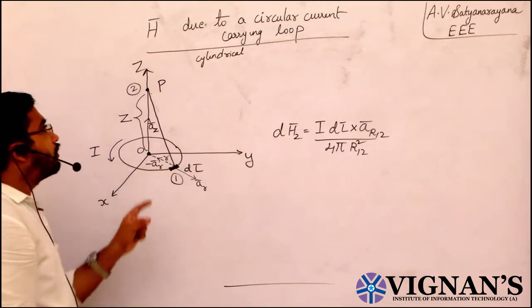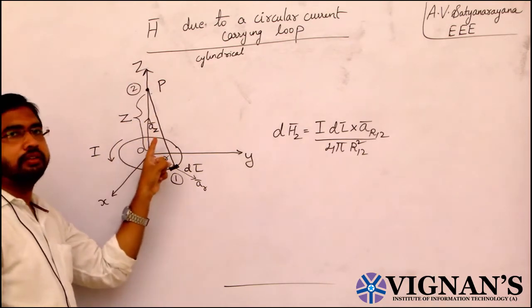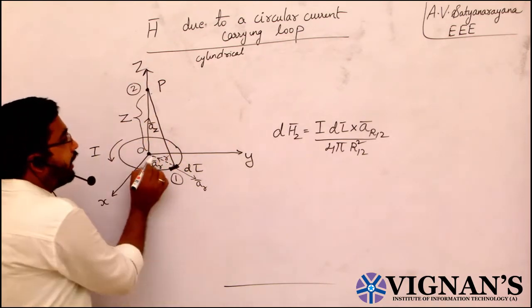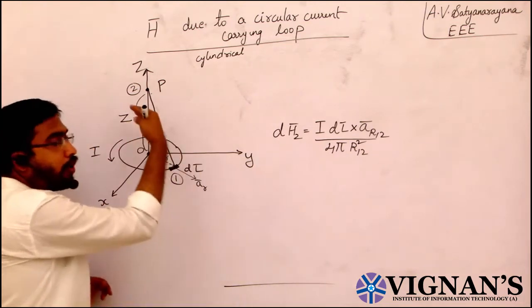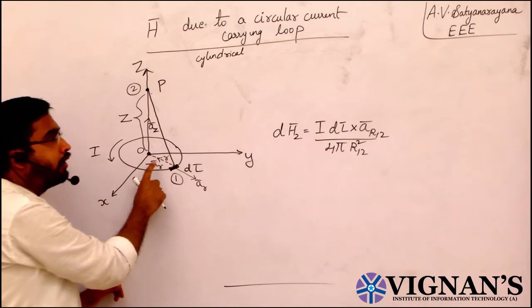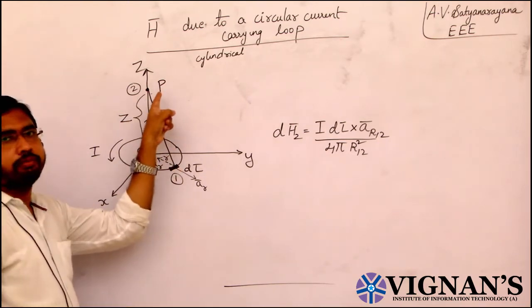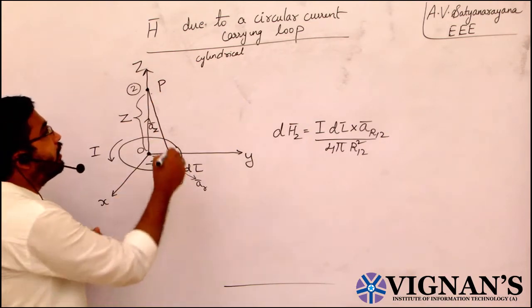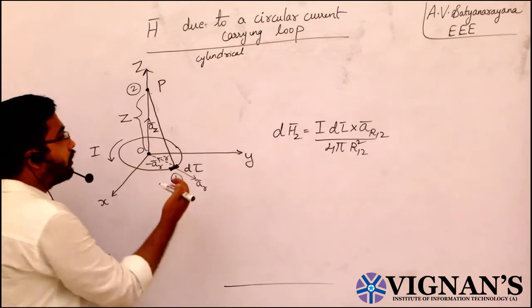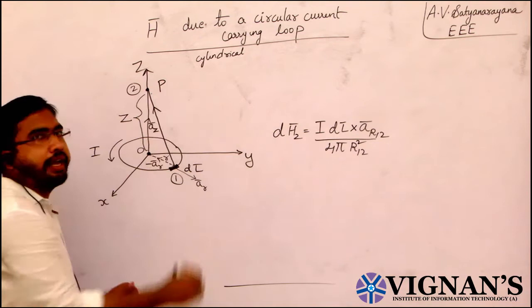Now the height of the point P from the origin is z, and the unit vector in this direction is a z. The radius of this circle is r, and the unit vector towards the point is minus a r, and your actual distance from point P to this differential length dl bar, let it be some r12. From the differential length towards the point P means your arrow mark should be like this.